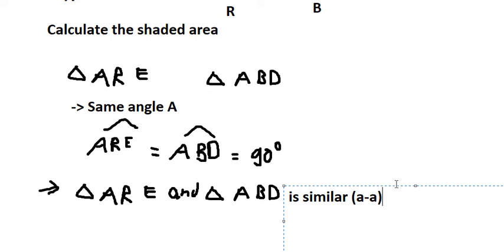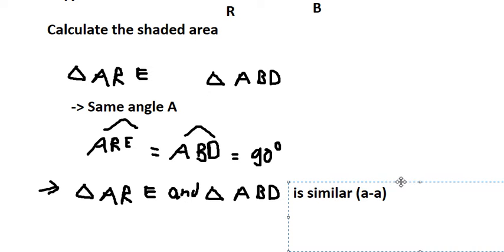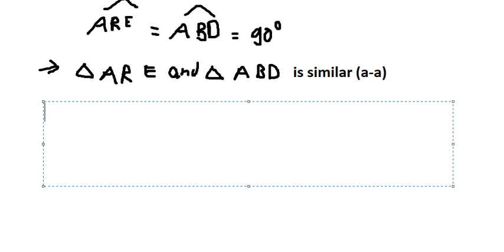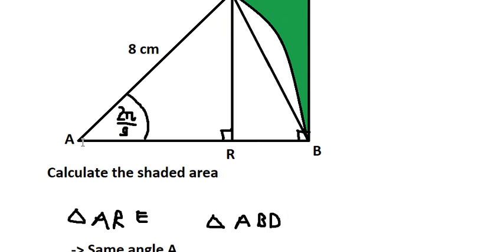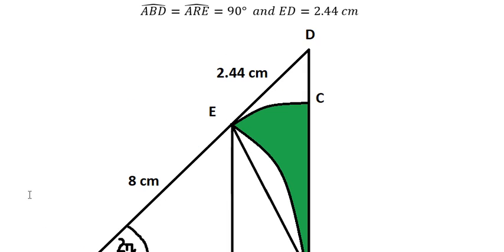Now we can use the ratio in here. So in this one, that is about AR divided by AB equals AE divided by AD.